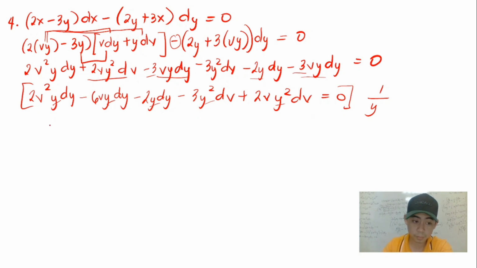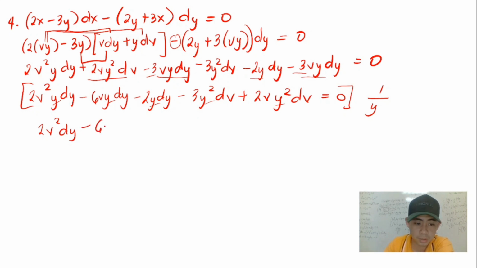Okay? So, therefore, 2v squared dy. Bakit nagkaganon mga lods? Kasi kinancel out na natin si y. Okay? Kasi may common factor naman siya. So, yung buong equation, mayroong common factor mga lodi. So, wag niyong gagawin yun kapag yung isang term sa isang equation is wala namang common factor sa bawat term. Okay? So, kailangan lahat sila meron mga lods para makapag-cancel out kayo.